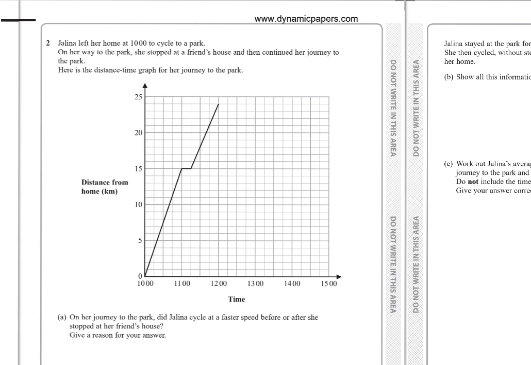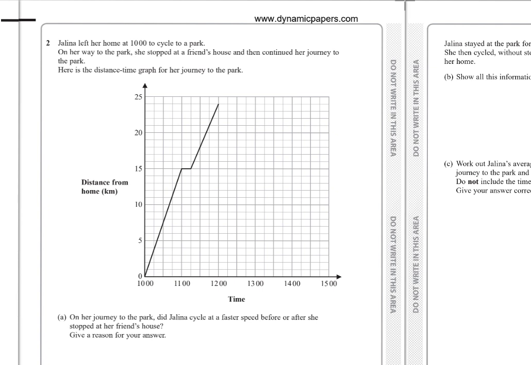Now we need to compare the velocity before and the velocity after. To find the velocity in a distance time graph, you can find the gradient of the line. And to find the gradient of the line, you have to take two points, then y2 minus y1 over x2 minus x1, or rise over run.